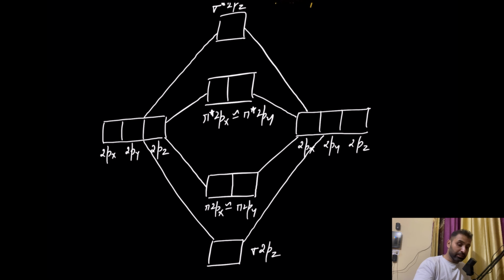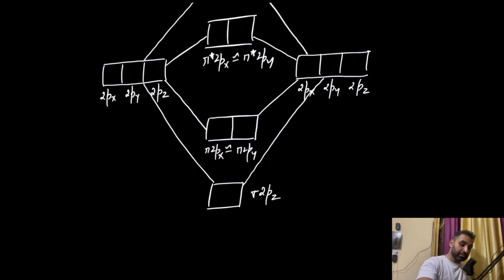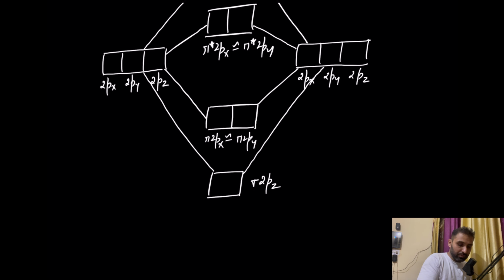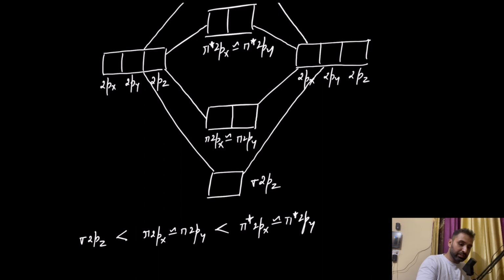Now, energy order. Energy order is sigma 2pz is of the lowest energy, then pi 2px, pi 2py have somewhat greater energy. Then there's a turn of anti-bonding now. Pi star 2px and pi star 2py further have more energy.